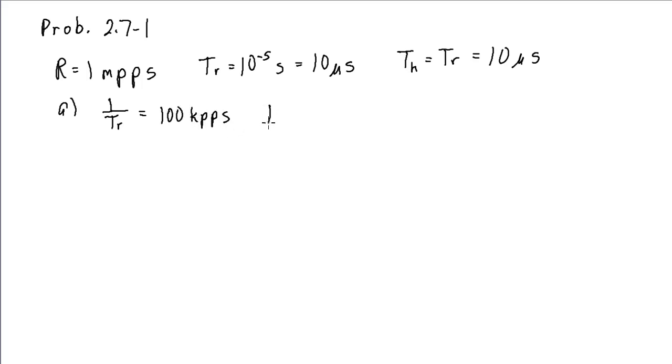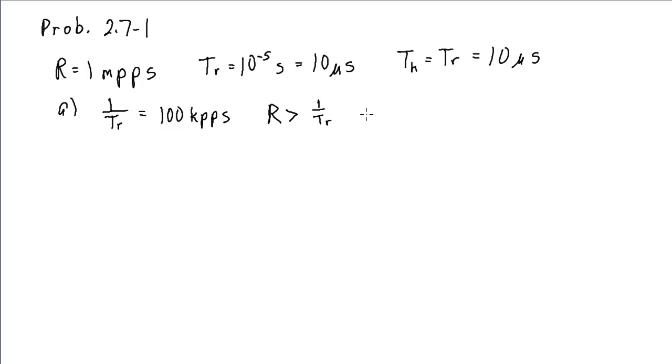But since the data rate at which we're trying to transmit data down the channel is greater than 1 over TR, we would expect pulse distortion to occur. In fact, there should be pretty significant intersymbol interference.